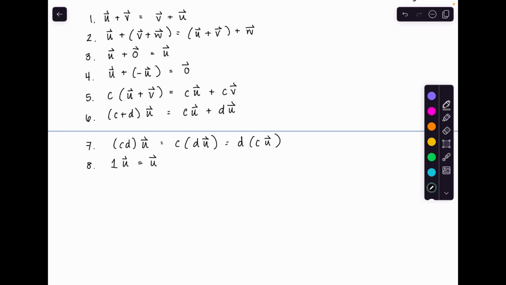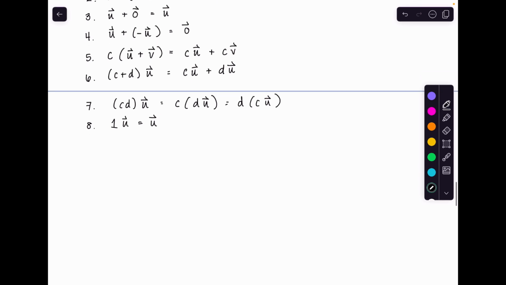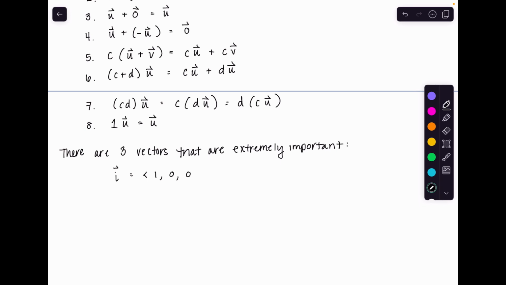So now we're at a point we can talk about some really special vectors that you're going to see pretty frequently in here. In total, there are 3 vectors that are very important to us. The first one is the vector which we call i, and it has components 1, 0, 0.